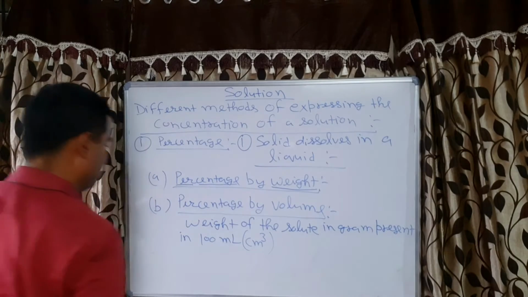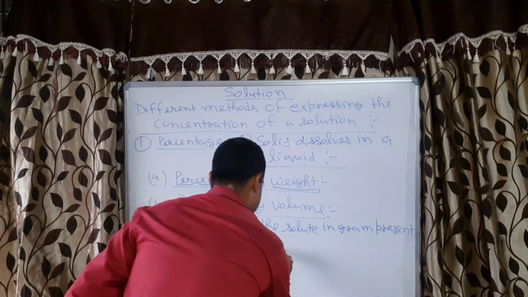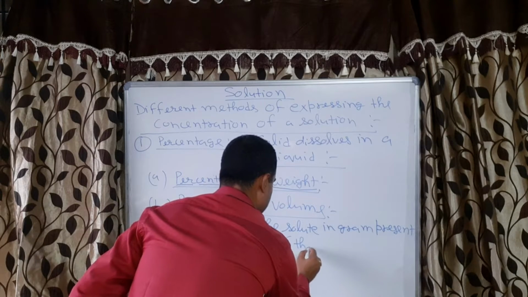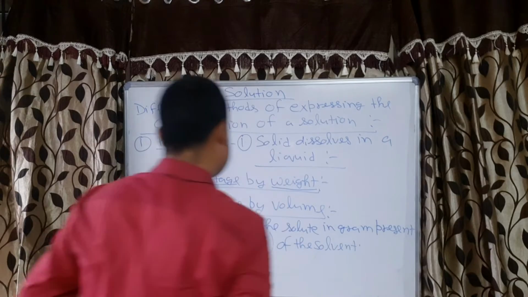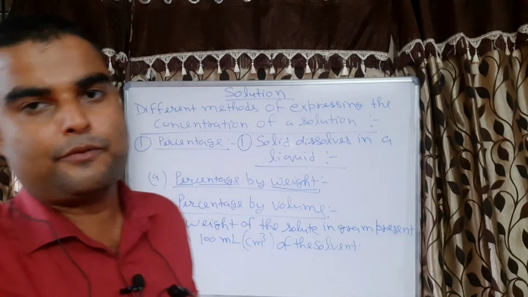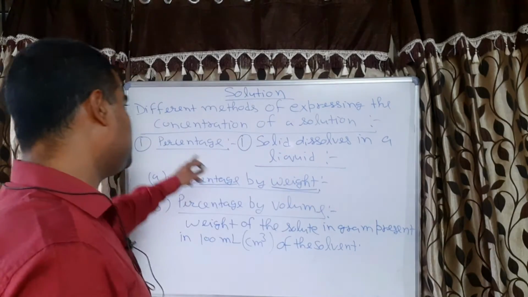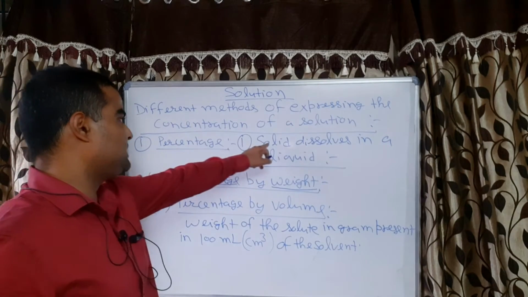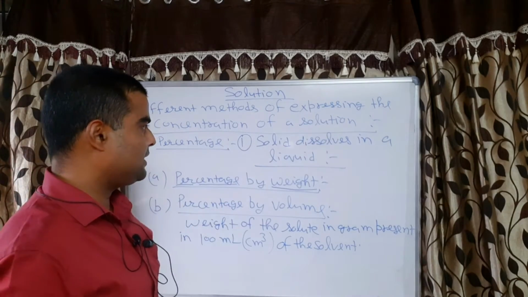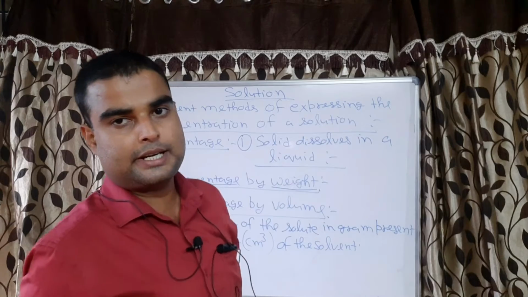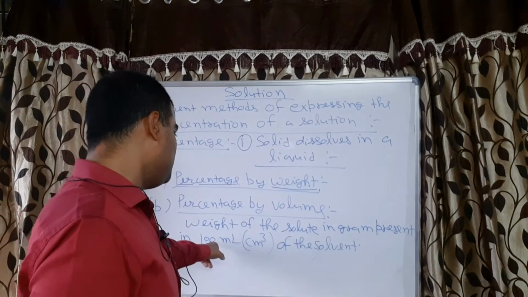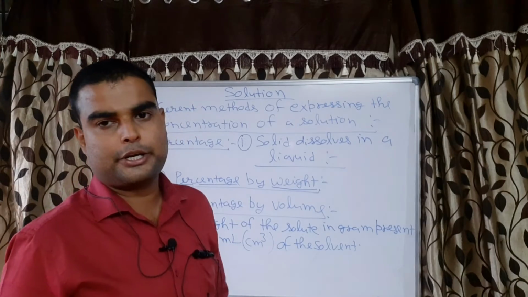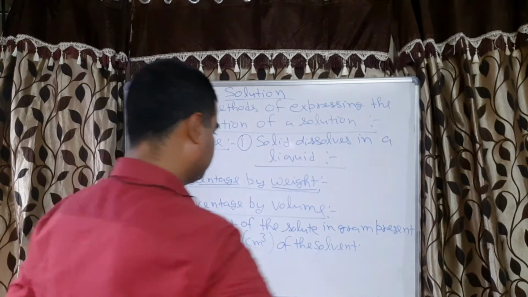I will explain you. Centimeter cube of the solvent. This is the percentage by volume. Now we will come to the second case. First case is solid dissolves in a liquid. Now liquid dissolves in a liquid. Before that, we will discuss how ml and centimeter cube are equal.